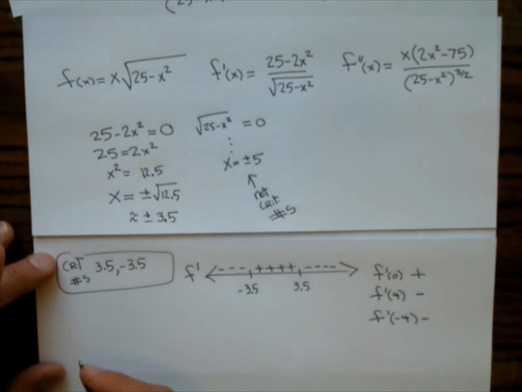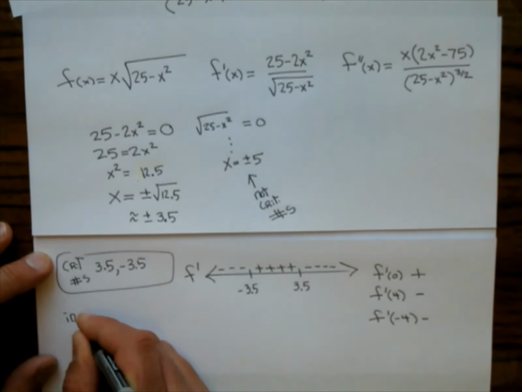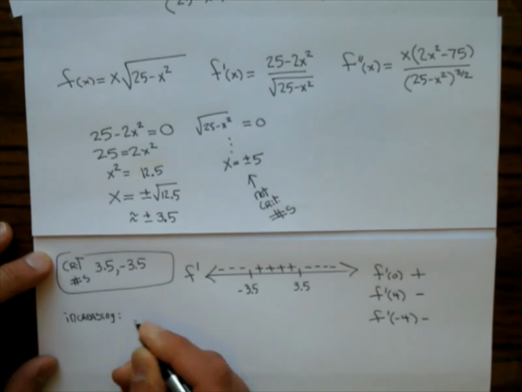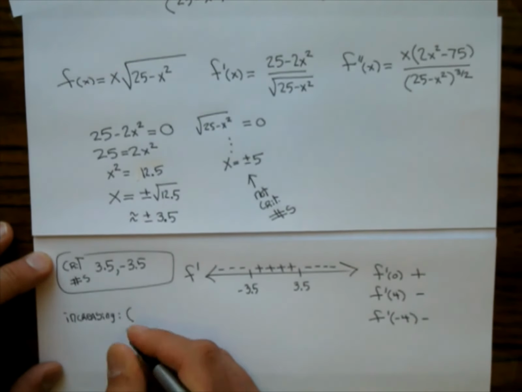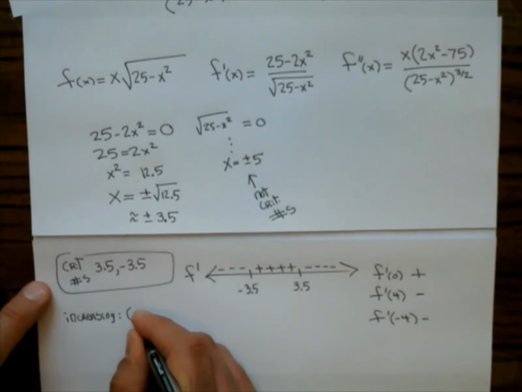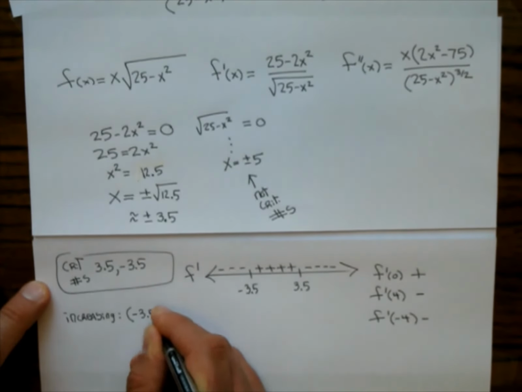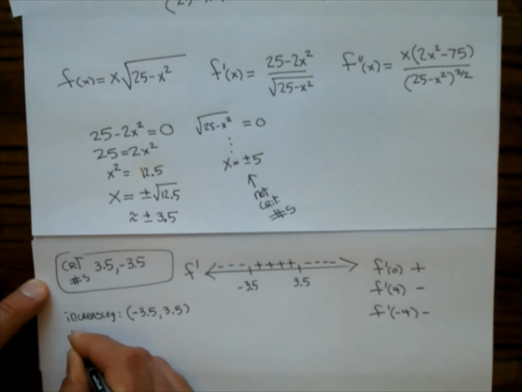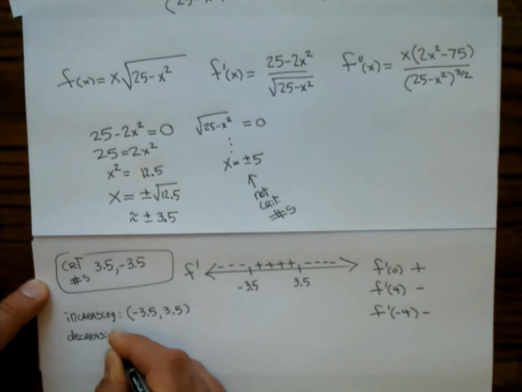So if they ask, hey, where is this graph increasing? And we're going to do open intervals. It's increasing from negative 3.5 to 3.5. Where is the original function decreasing?